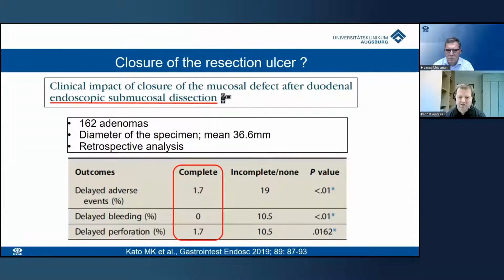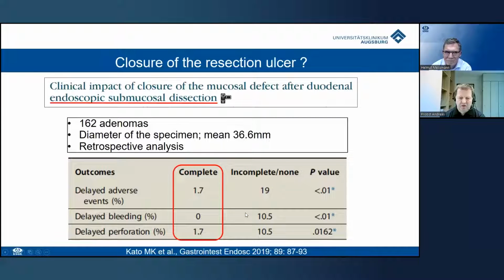Next slide, please. And there are data from Japan for closure of the resection ulcer. And the data from Japan mostly include patients with endoscopic submucosal dissection, ESD. We usually perform EMR in Europe and ESD only for selected patients in expert centers, so it's not comparable.